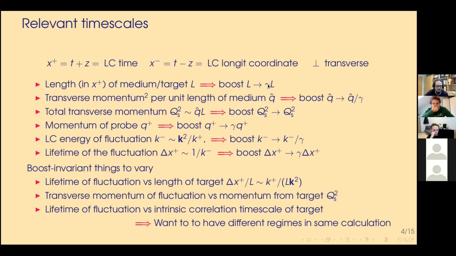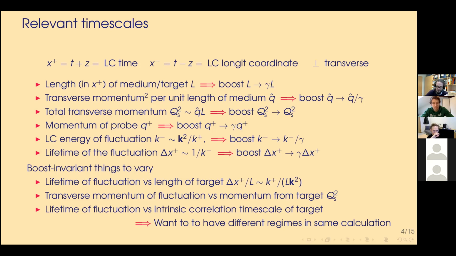For a high energy collision, what you want is a description that is invariant under such boosts. Then there's the transverse momentum squared you get per unit length of medium, which is denoted q hat in the jet quenching literature.